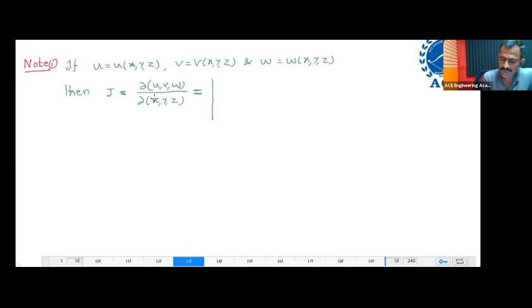Along the first row, u with respect to x, u with respect to y, u with respect to z. Next, second row for v, third row is for w.